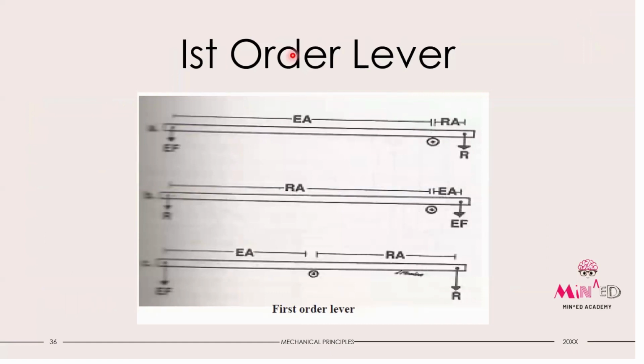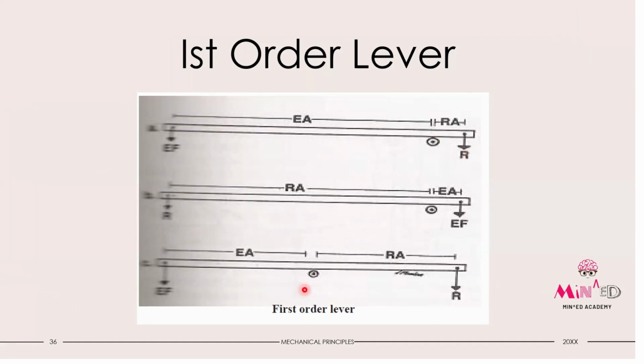Okay, so you can see the diagram here. As per definition, in first order lever, fulcrum will be in the middle. See, this is the fulcrum, and the characteristic of first order lever is that fulcrum can be towards the effort arm or towards the load arm or the resistance arm.